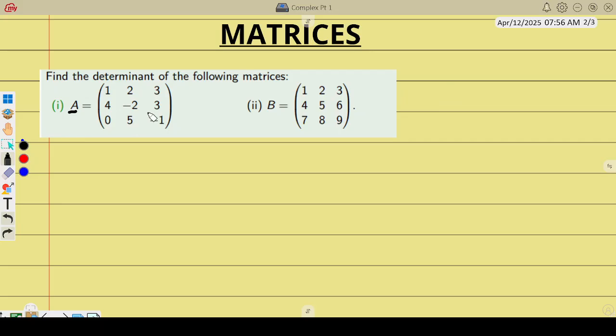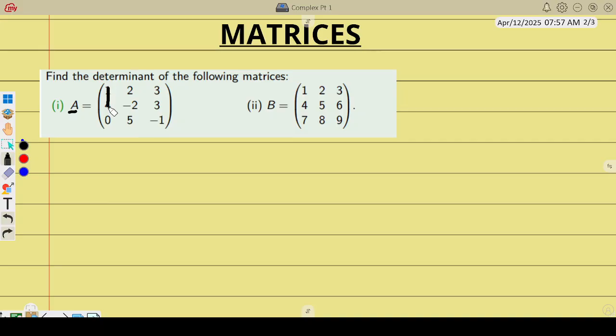How you find the determinant of a 3 by 3 matrix is you pick one column to follow, or you can pick one row. You find the cofactors of that row or column.